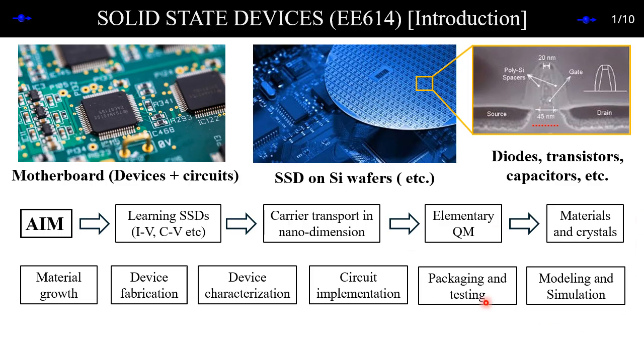So you have a material, say silicon, germanium, whatever. You need to understand how these materials are grown. So this is the growth aspect. When the materials are grown, you want to fabricate devices, so device fabrication is another aspect.